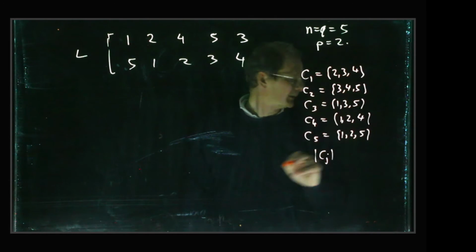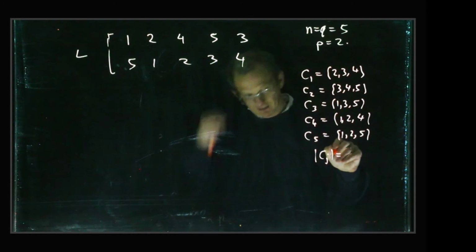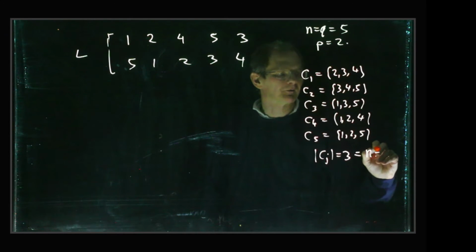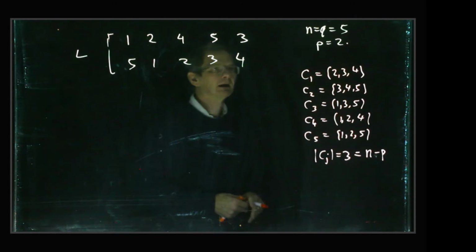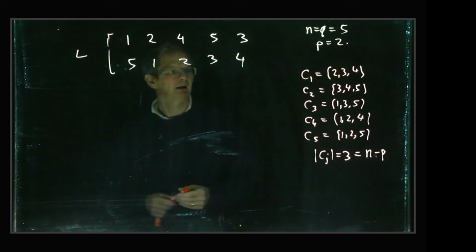As we mentioned in the proof of the proposition, these all have the same set size, 3, which was n minus p. The number d that appeared in the proof was n minus p, and in the current case that's equal to 3. All these sets have size 3.